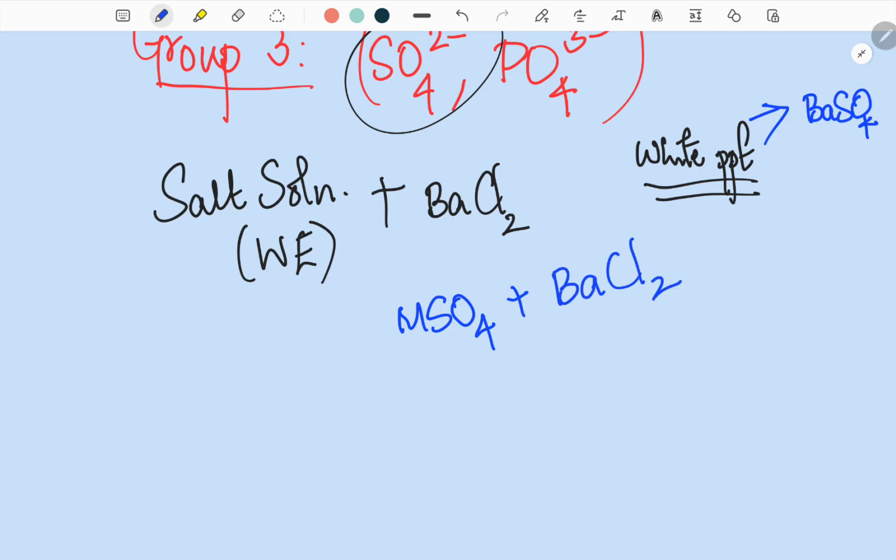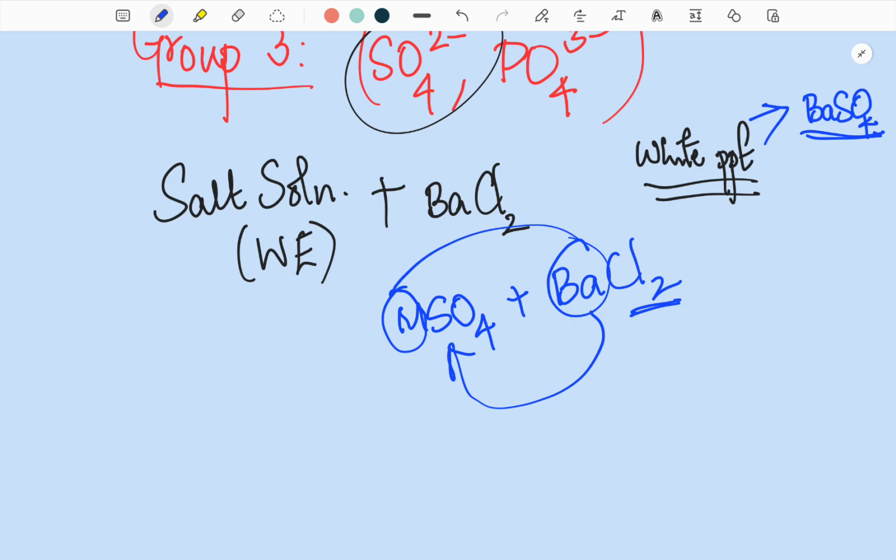I will tell you what happens. When you are adding barium chloride to a metal sulfate salt, the positive ions will be exchanged. Barium will combine with the sulfate ion, and the metal will react with chloride ion to form a metal chloride salt. That is why you are getting barium sulfate, and barium sulfate is a white precipitate. You have learnt that in grade 10.